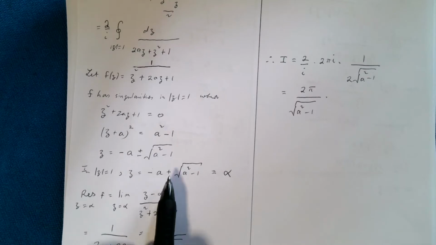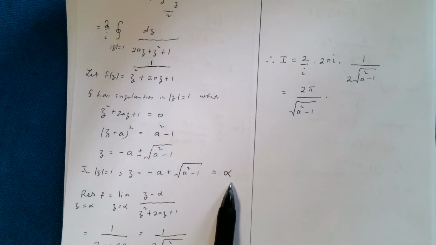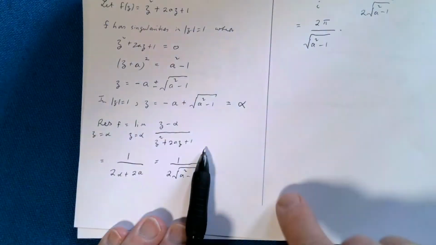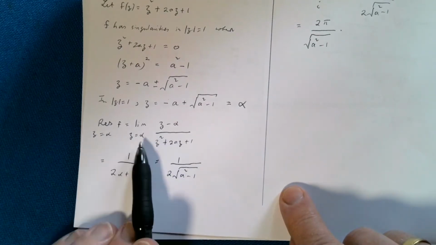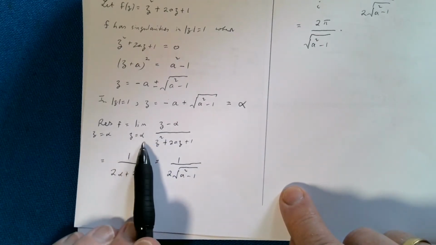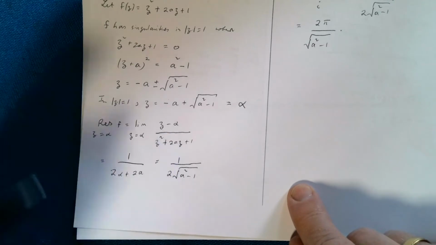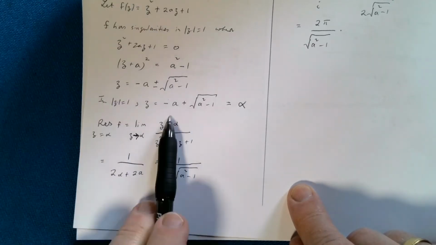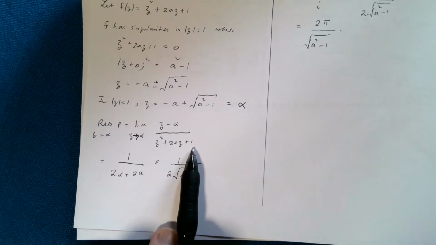So inside the unit circle, that's our singularity, and I'll just give that a name and call it alpha as usual. We can get the residue then. It's a simple pole. So the residue of f is just the limit as z goes to alpha of z minus alpha times the function f, which is this.